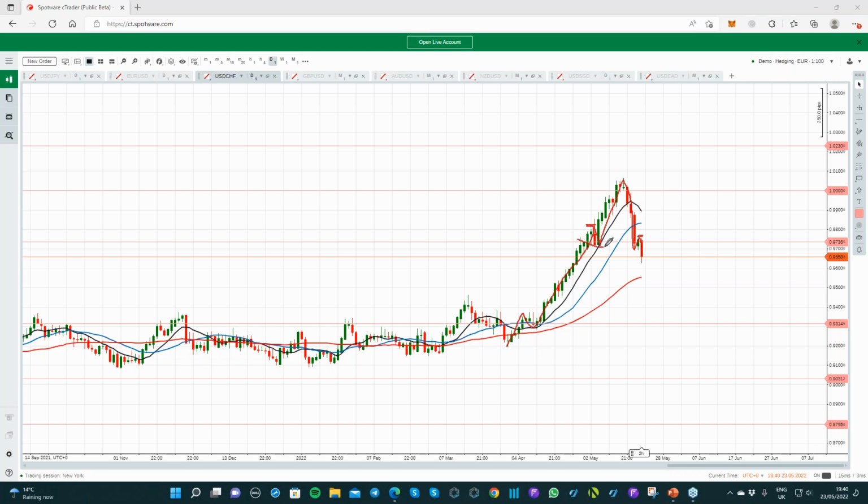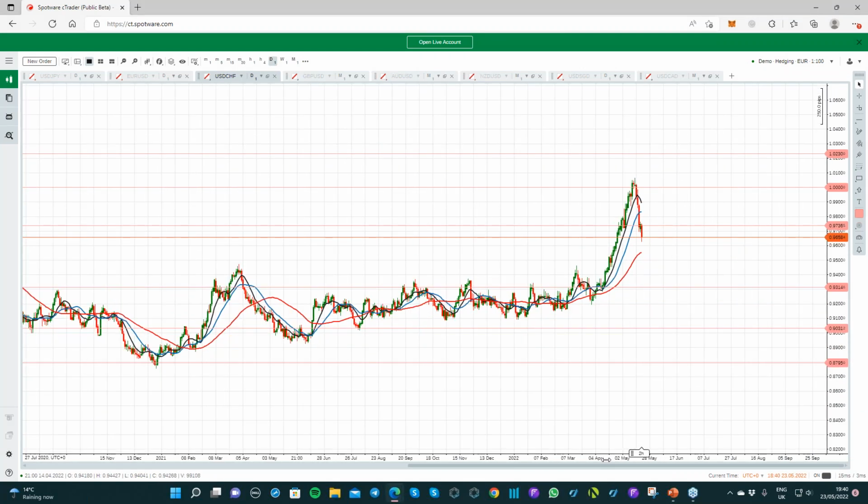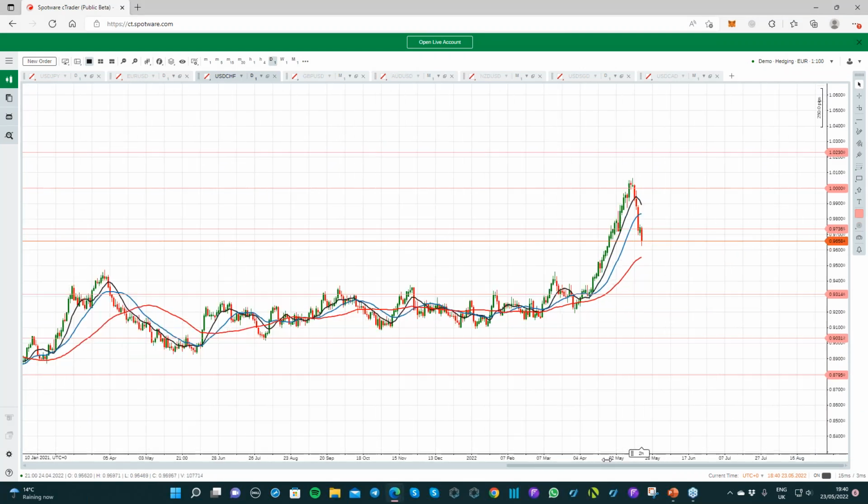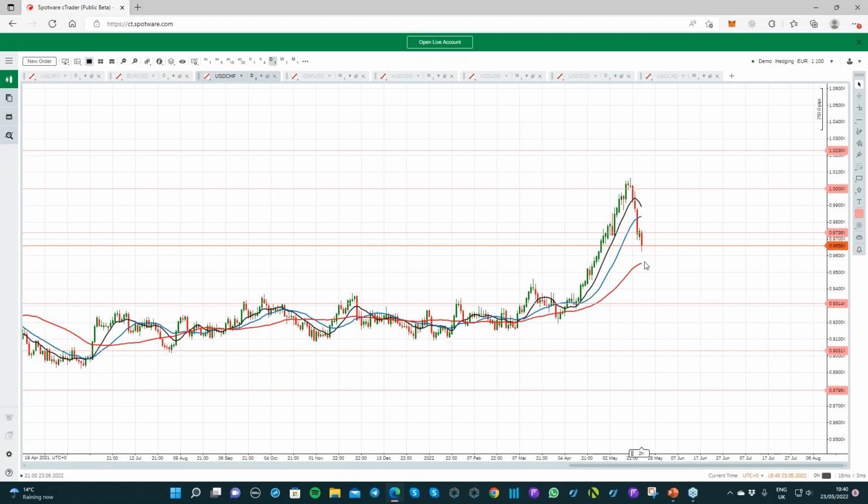If we draw in the neckline, oops, terrible drawing, draw in the neckline through there. Price has broken down through that neckline. So that's looking very bearish now for me on the daily time frame. I'm no longer looking for long opportunities here on the daily time frame because that's now pulled back a little bit too far for me.